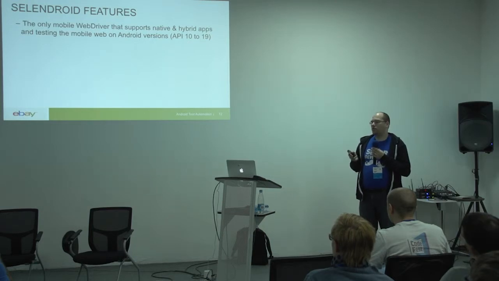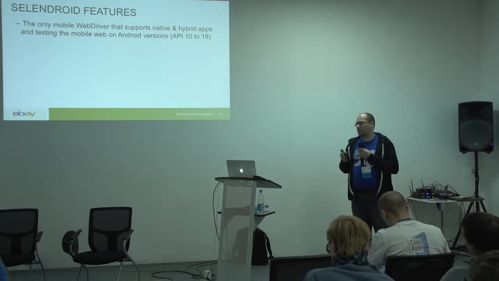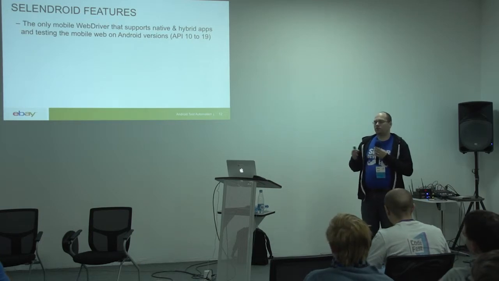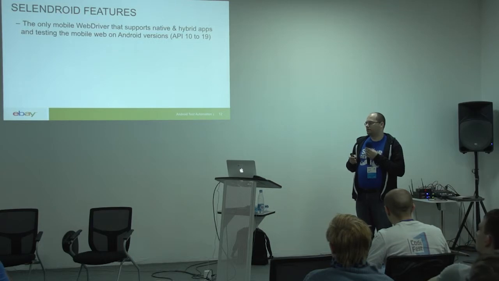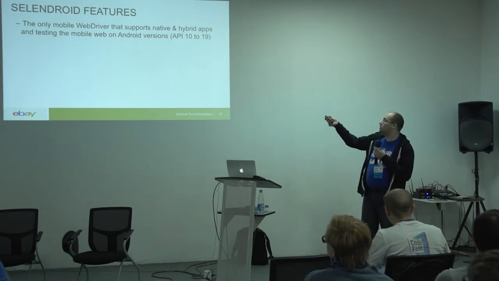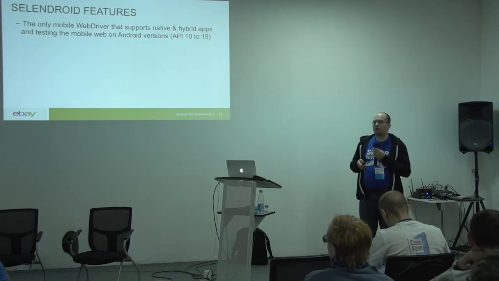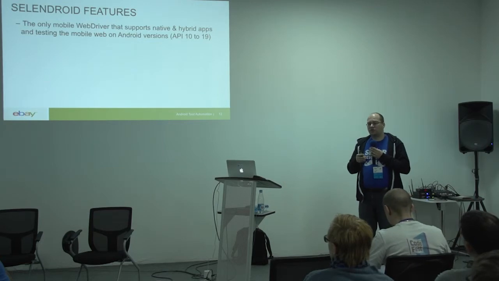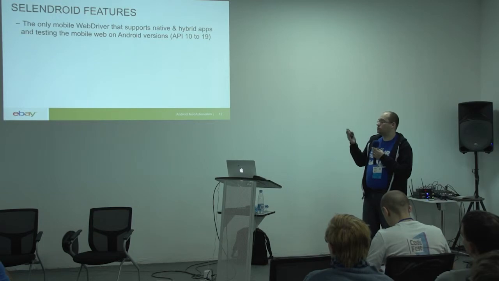With Appium, you cannot do it out of the box. In the end, Appium contains Selendroid to offer that feature, but Selendroid itself is the only one that really has that version range. So if you also care about your users on older platforms, and you maybe have web views you need to automate, the only way with WebDriver is to use Selendroid.